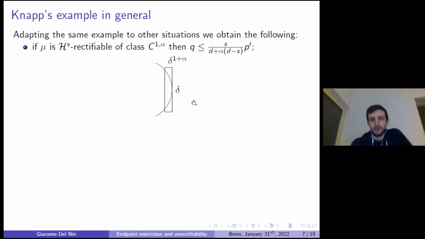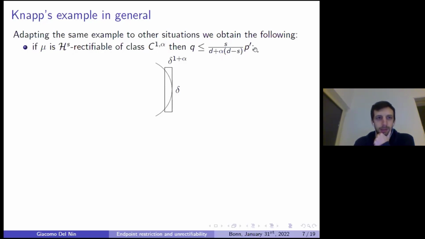Then we get, by the same computation, essentially considering that now the measure, at most points and at most scales, will be contained in such a box where now the thickness is delta to the 1 plus alpha instead of delta squared. And we obtain a condition depending on alpha.